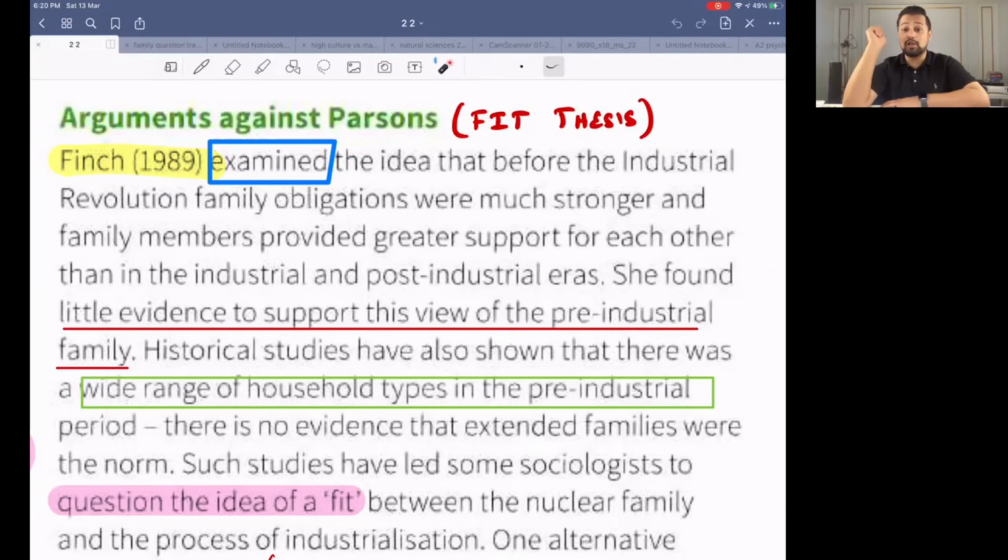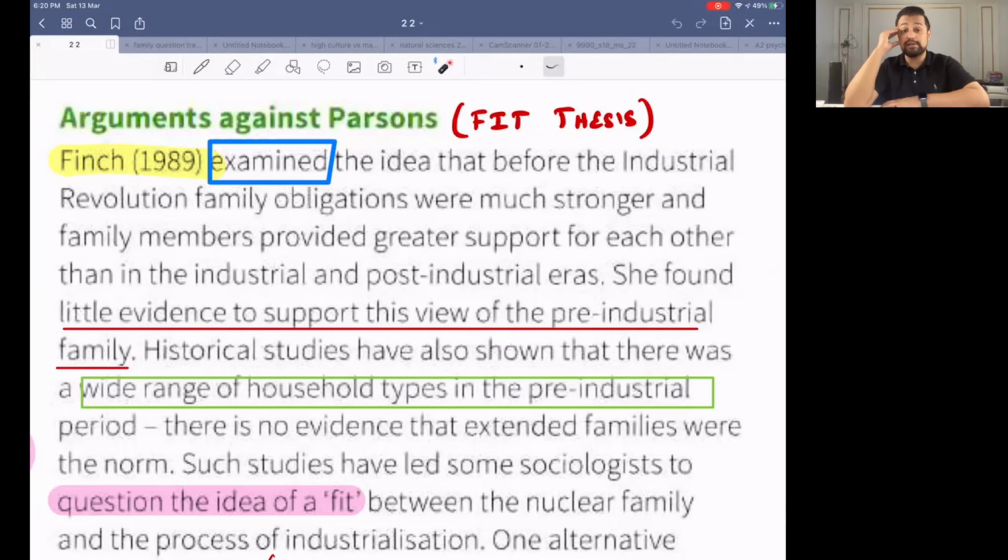When you talk about arguments against the fifth thesis, there is Janet Finch, 1989. Finch tried examining the idea that before the industrial revolution, family obligations were much stronger and family members provided greater support for each other than in the industrial and post-industrial eras.